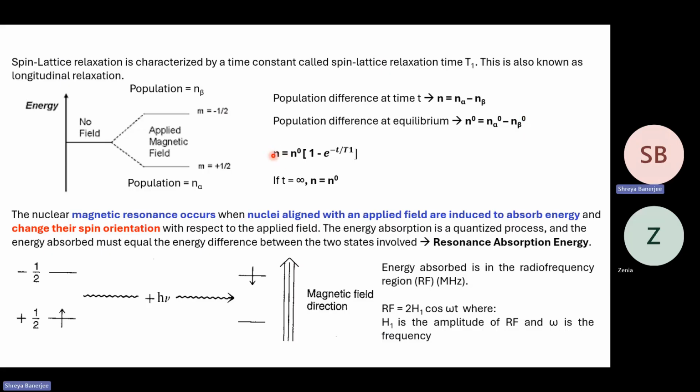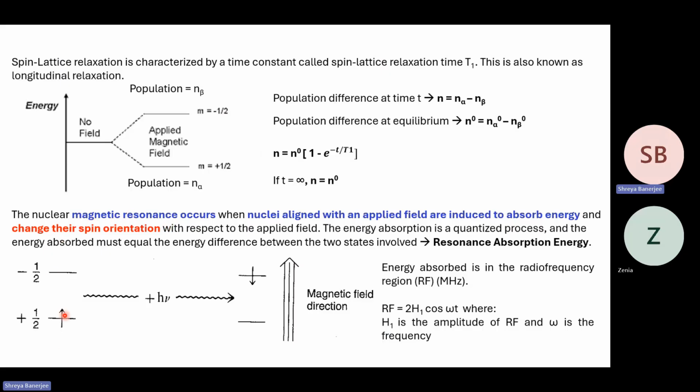So the population difference at any time t, that is n, can be written as n0 times 1 minus e to the power minus t divided by T1, where T1 is the spin lattice relaxation time. If you give infinite time to the system, then eventually n will become n0. So in order to reach equilibrium, the system actually takes infinite time.